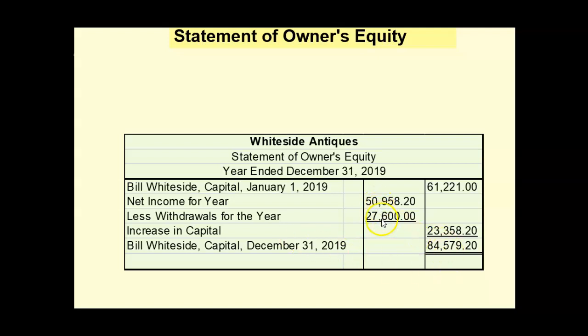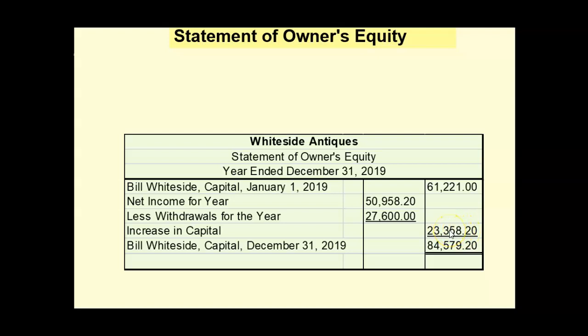For this illustration, which number is higher? Yes, the net income is higher. Therefore, we have an increase in capital for the difference of $23,358.20.